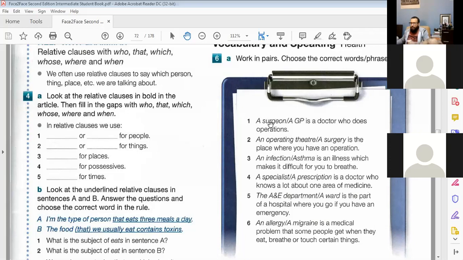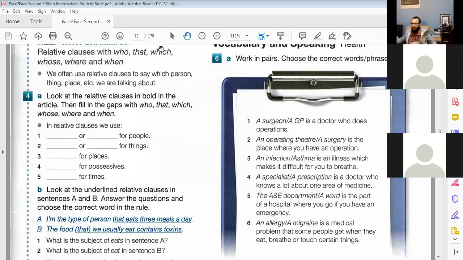In exercise number 6, we want to choose the right answer. So number 1, it says, a surgeon, a GP, is a doctor who does operations.